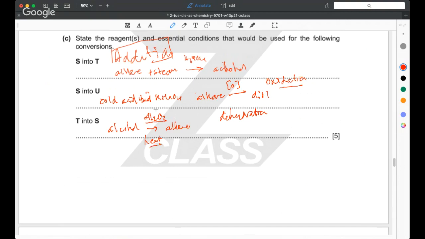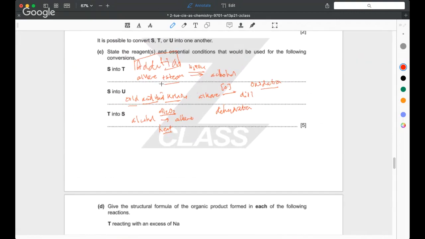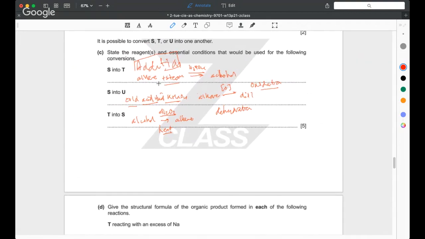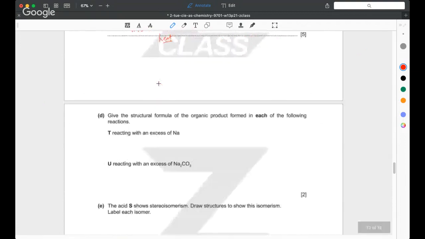And for the mark up here, you need cold acidified potassium manganate 7. And up here, you needed steam and phosphoric acid as catalyst. So you need to know not only the reactant, for example, we had water as steam here, but the conditions. You're being asked to recall both reactants and conditions to get all your points there.